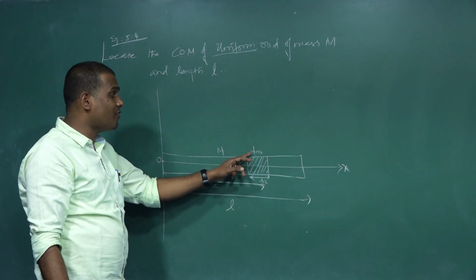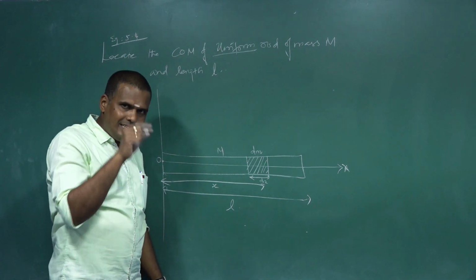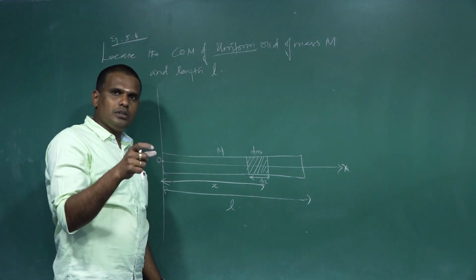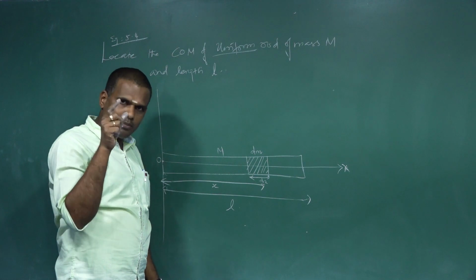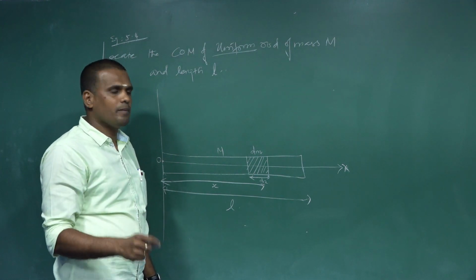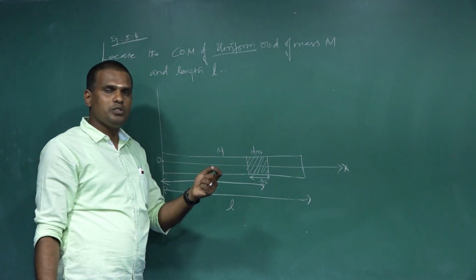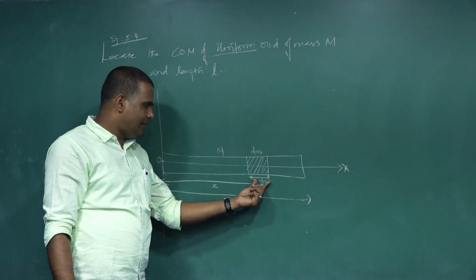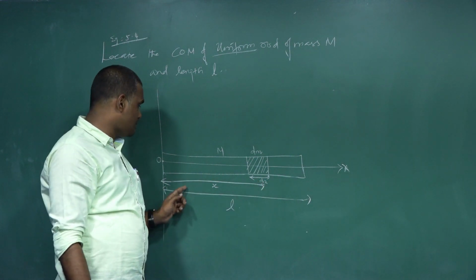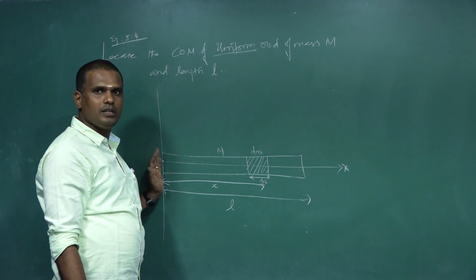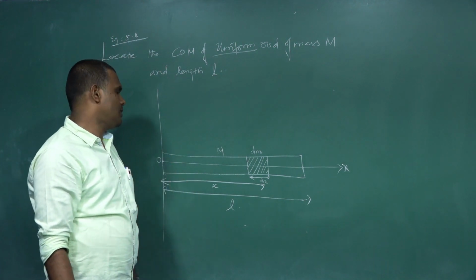That's the meaning. Whenever I write dm, when I say element, that means an infinitesimally small element, of length dx, which is at a distance x from the origin.